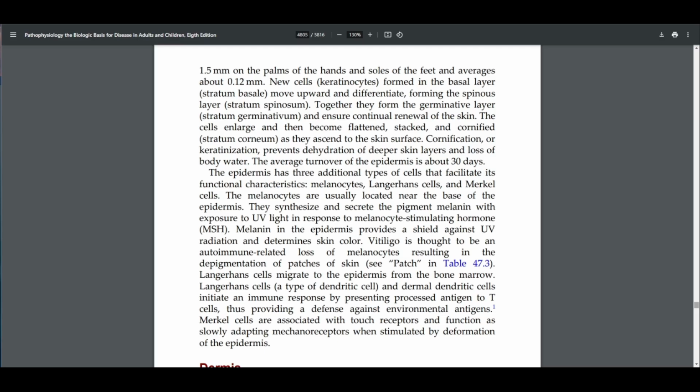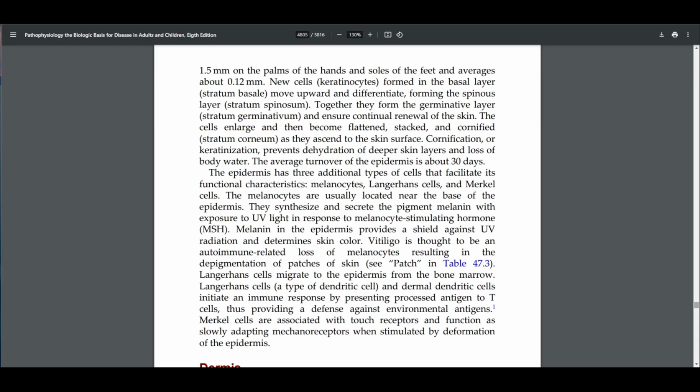Together, they form the germinative layer and ensure continual renewal of the skin. The cells enlarge and then become flattened, stacked, and cornified as they ascend to the skin surface. Cornification or keratinization prevents dehydration of deeper skin layers and loss of body water. The average turnover of the epidermis is about 30 days.